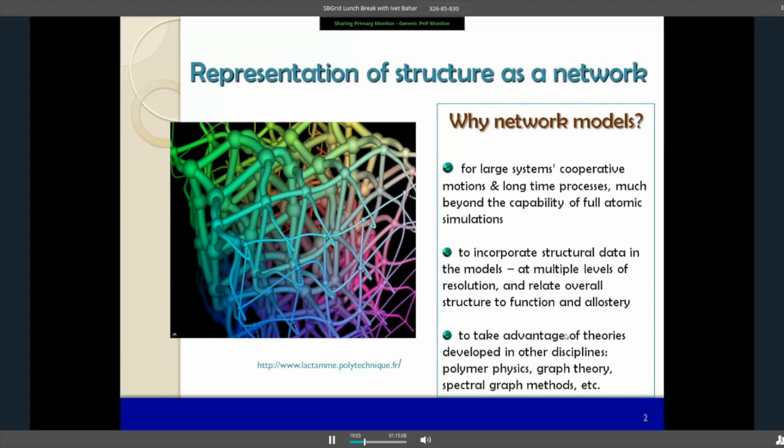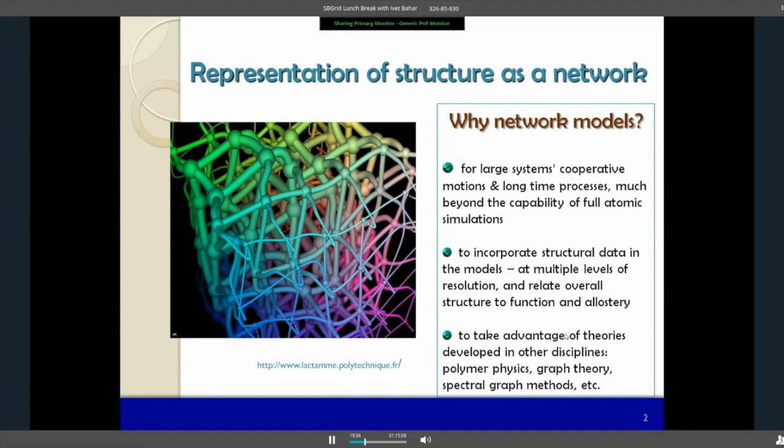Having network models, we can see how large systems undergo cooperative motions. We can view long time processes that are much beyond the capability of simulations. We can incorporate structural data in the models at multiple levels of resolution and relate the overall structure to function and allostery.